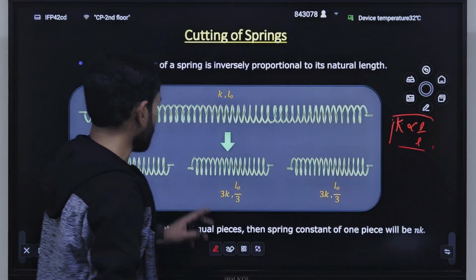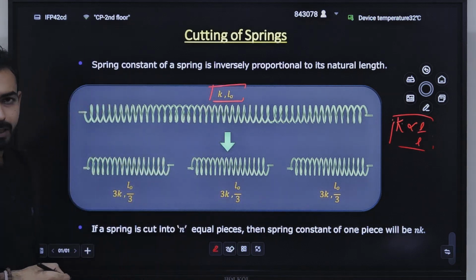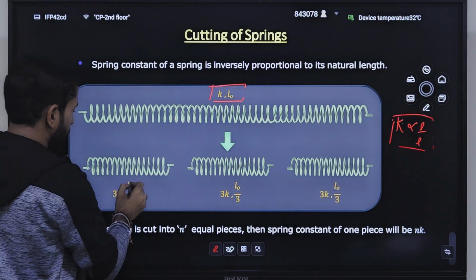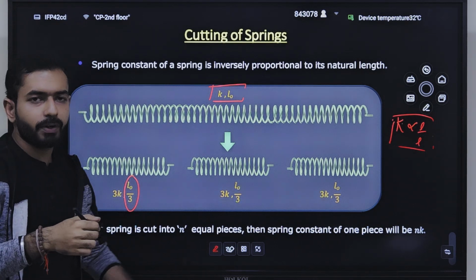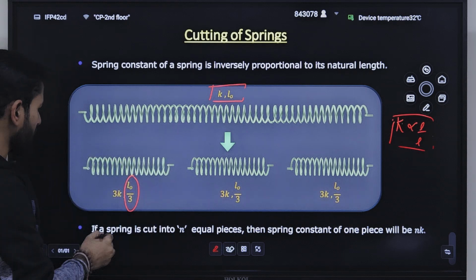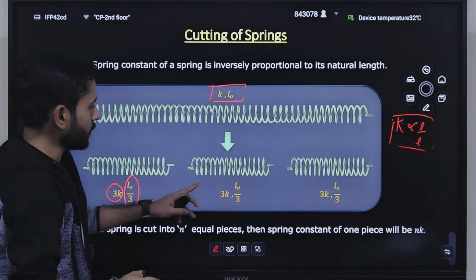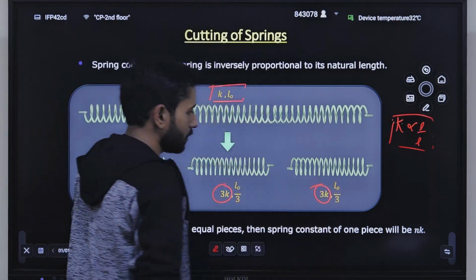For example, initially you have K spring constant and L naught length of spring. Now you have made the spring length L by 3. Inversely proportional, if you are dividing the length by 3, that means K will become 3 times. Next portion again L by 3, again K will become 3 times.